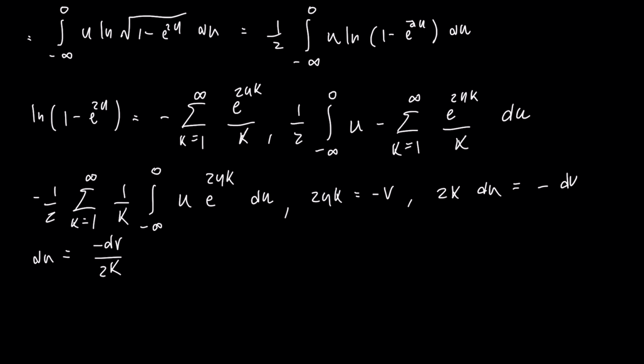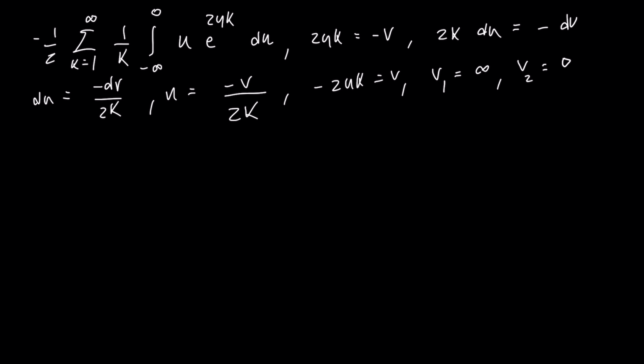And solving for u, we have u equals negative v divided by 2k. And solving for v, we have negative 2uk equals v. So now we can find the bounds of integration. So v1 will be positive infinity, and v2 will be just 0.